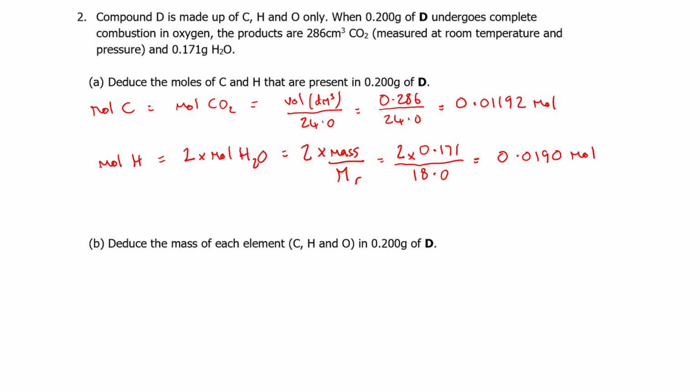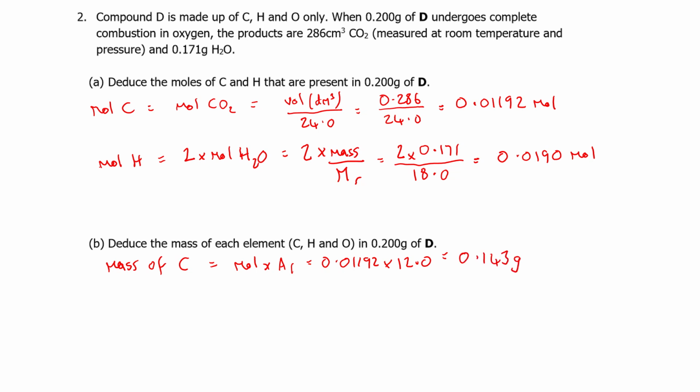So let's go ahead and do that and work out the mass of each element. So if we start with the carbon, we get that the mass of carbon is just equal to moles times relative atomic mass, which is 0.01192 times 12.0, which comes to 0.143 grams.